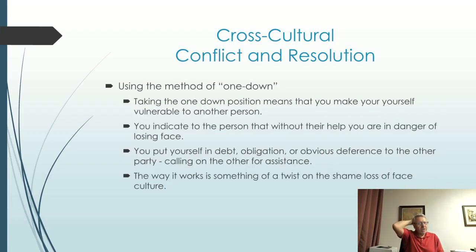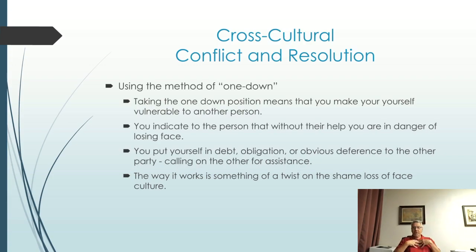And there's another means, and once again, I'm just going to describe this to you and use an illustration or so, but this is the method called the one down method. And what that one down position is, this idea of making yourself vulnerable to another person. You indicate to that person that without their help, you are in danger of losing face.